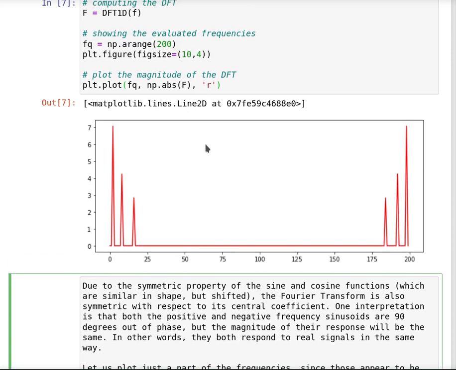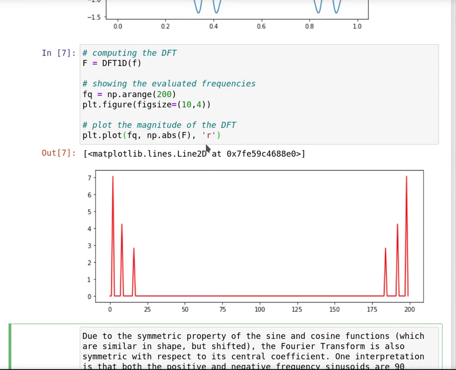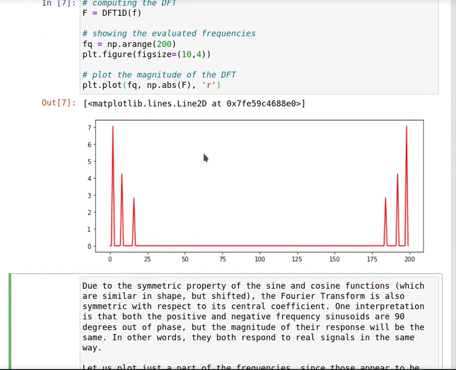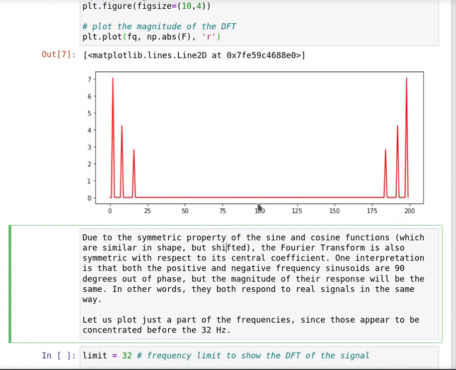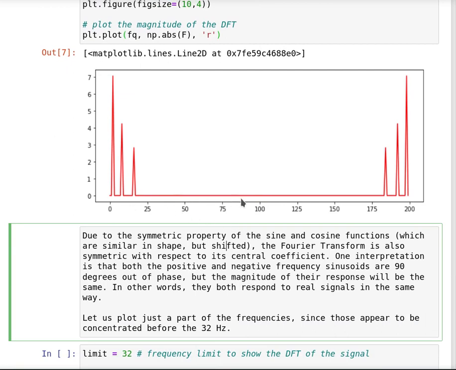So when we compute frequencies between 0 and n minus 1, actually up to the half of the size, we do have a unique frequency analysis, and then it repeats itself in a mirrored way. So it is kind of a mirror here. It's symmetric, and then it goes backwards up until the beginning.